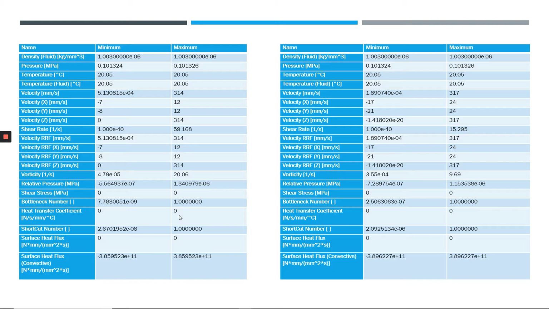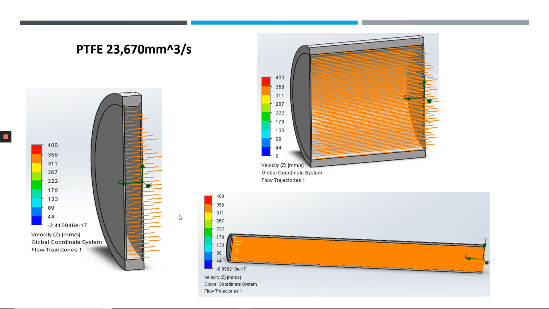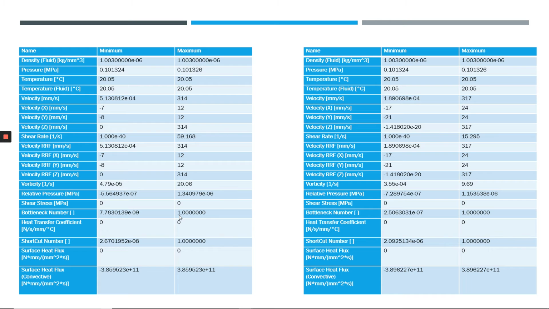However, they were all the same, and each material had the same velocity, so I couldn't distinguish a true difference in the material. PTFE, same thing. Velocity is all the same, pressure is 0.101326 megapascals as compared to the slower velocity. Both of them had the same pressure, and the pressure didn't change as the pipe increased in length.